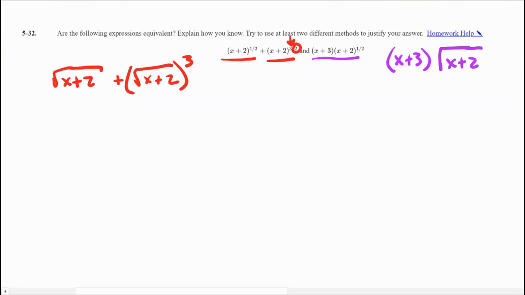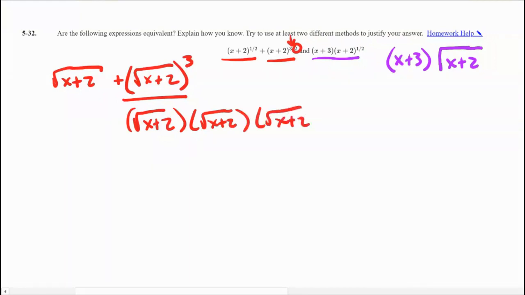So from there, to simplify this, remember I'm multiplying that by itself 3 times. I'll go ahead and write it out actually. Square root of x plus 2, there's 3 of them, square root of x plus 2. And when I multiply two square roots of the same thing together, the square root goes away.